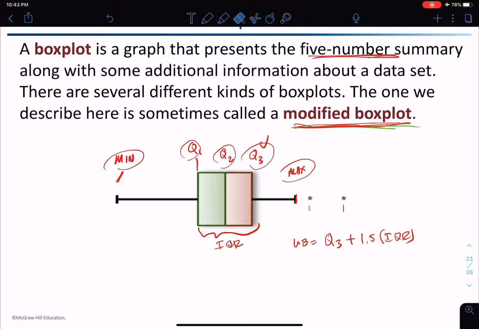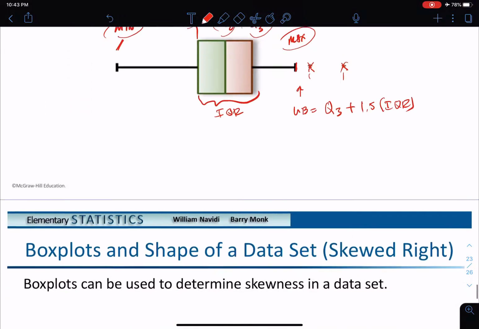That number is placed somewhere in here, wherever that number is, and anything above that gets X'd out. We still go ahead and plot it, so we can say, hey, there was some data up here, I'll show it to you, but we're not going to use it in our statistical measures or whatever we're talking about.